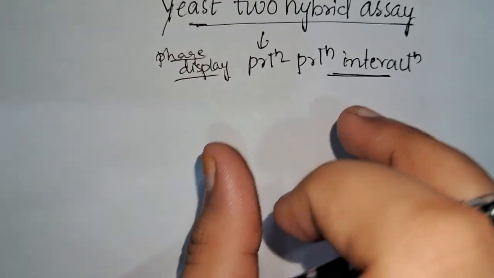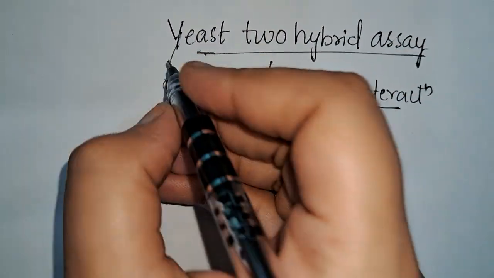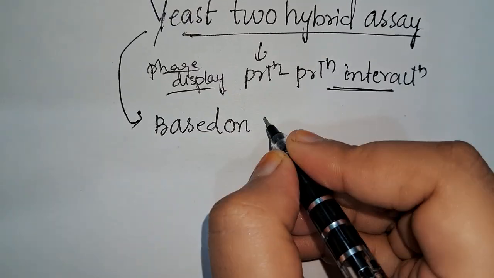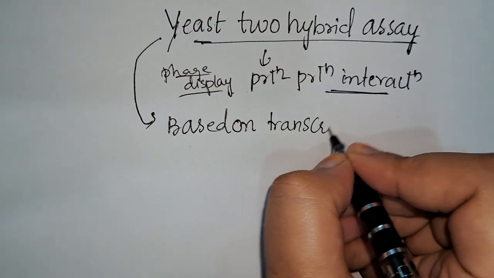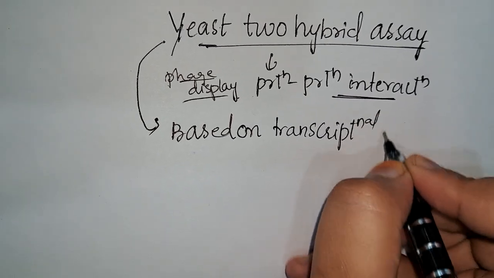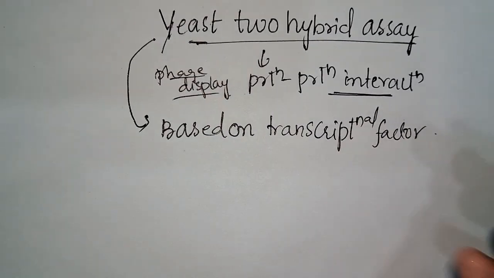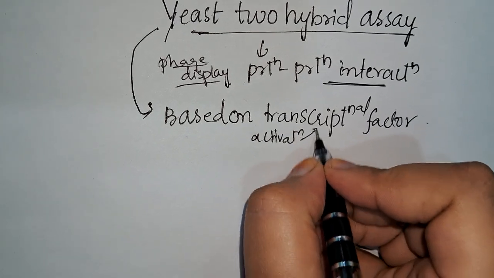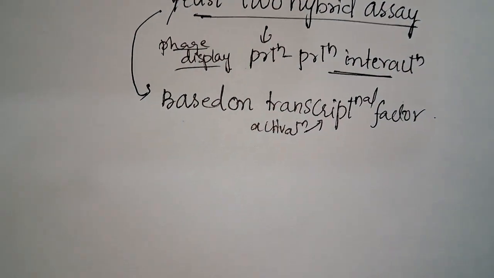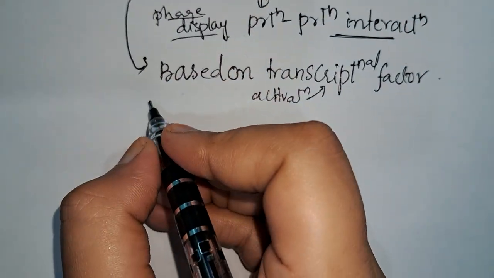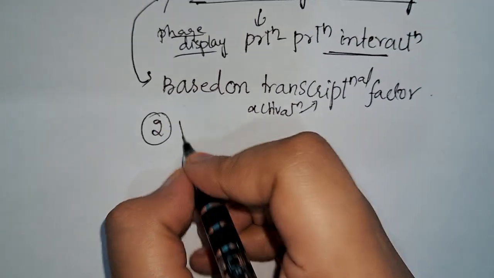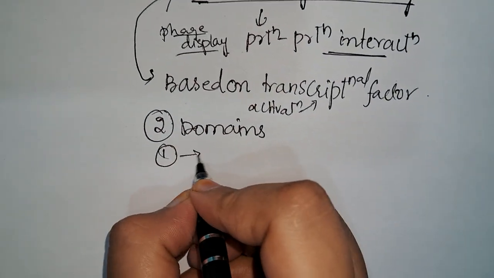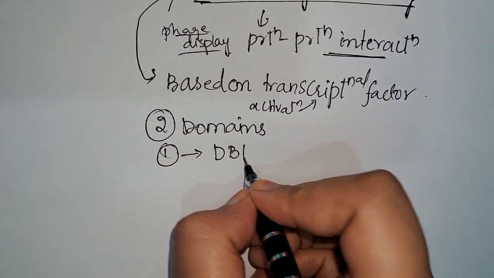It is based on the transcription factor and how the transcription factor gets activated. The yeast two hybrid assay has two domains. One is the DBD domain.